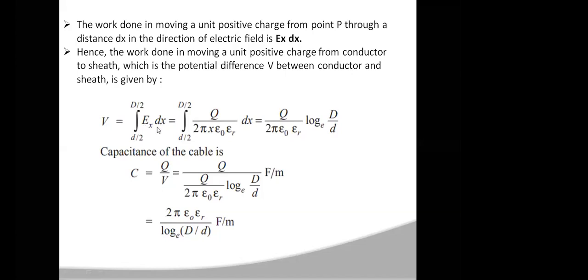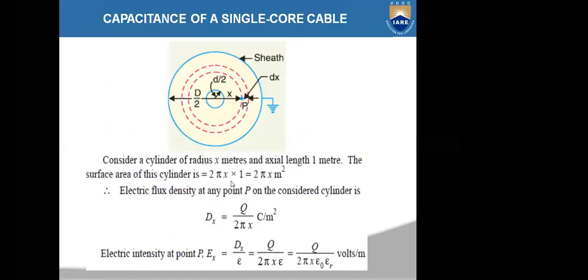So you first have to calculate E, the electric field intensity. To calculate E, you should have D, the flux density. Flux density can be calculated using this expression for a cylinder: D x equals q by 2 pi x.